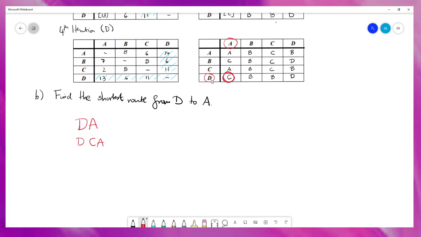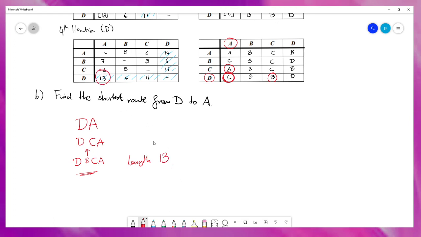What we then do is check D to C and C to A. So D to C goes through B. C to A doesn't go through anything else, it ends up at A. So what this tells us is that D to C goes through B, C to A stays as it is. So our shortest route from D to A is DBCA. And the length of the route is 13, because we can see it's 13 there.